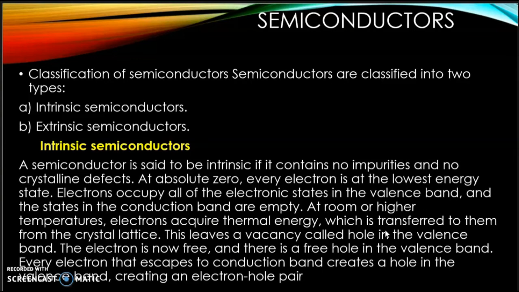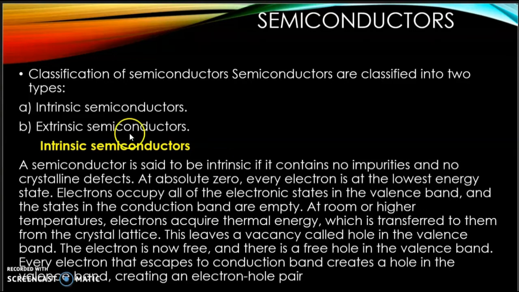This process, in our study, we will call an electron hole pair. So whenever an electron becomes excited and moves from the valence band to the conduction band, leaving a hole at the valence band, we will term it an electron hole pair.